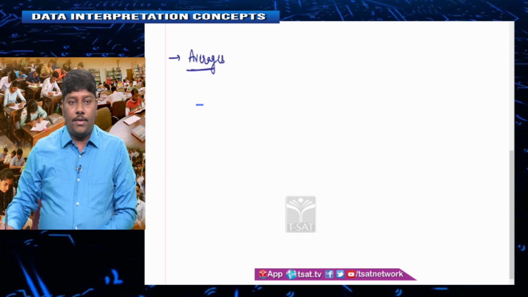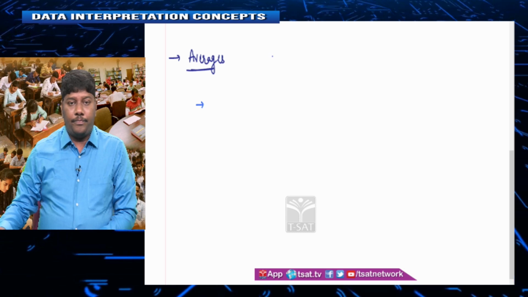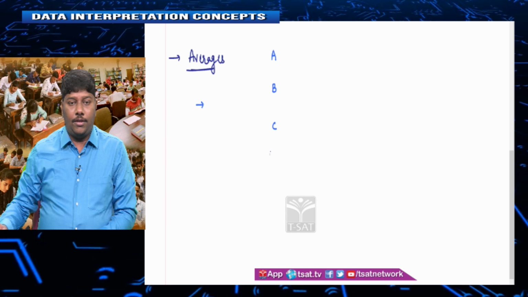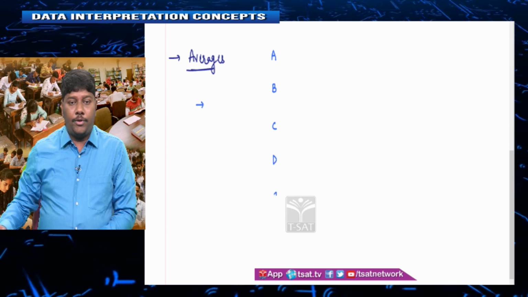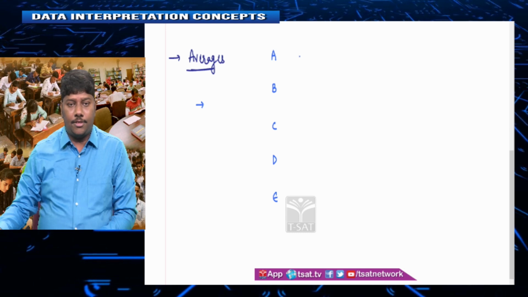When various data is given to you, suppose there are 5 companies A, B, C, D, E that produce cars, in terms of thousands or millions, it doesn't matter.